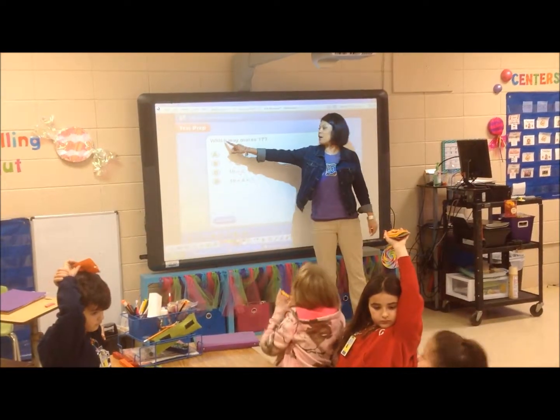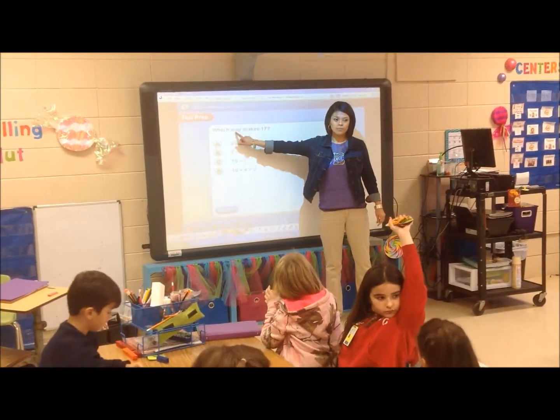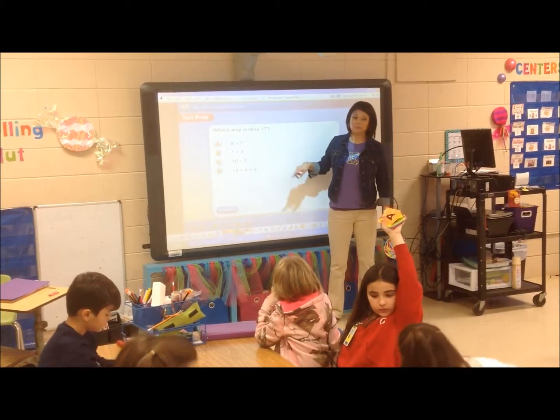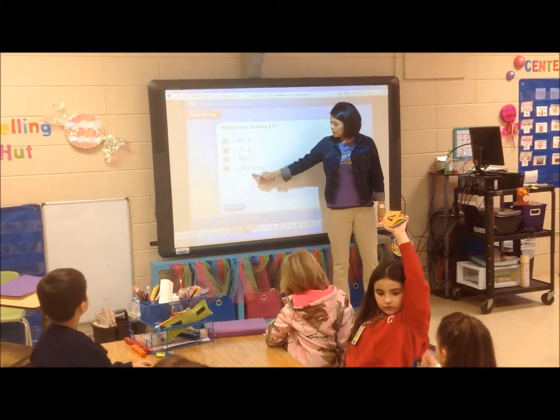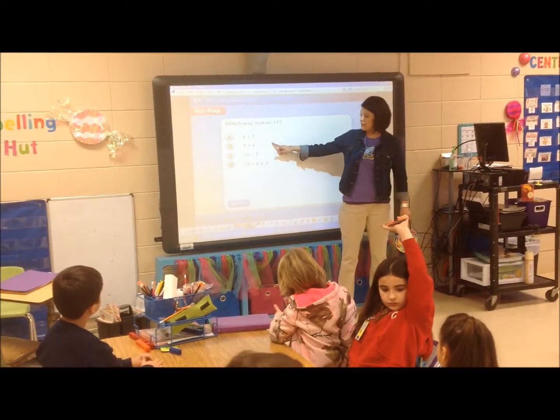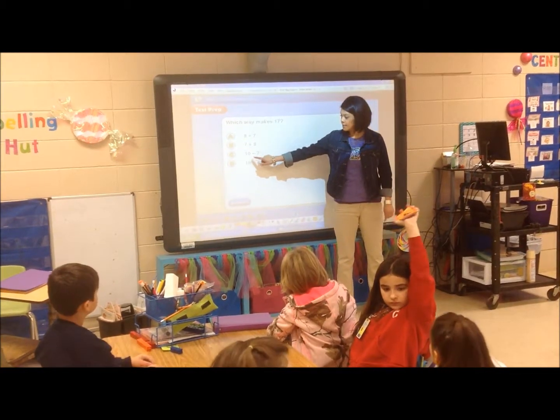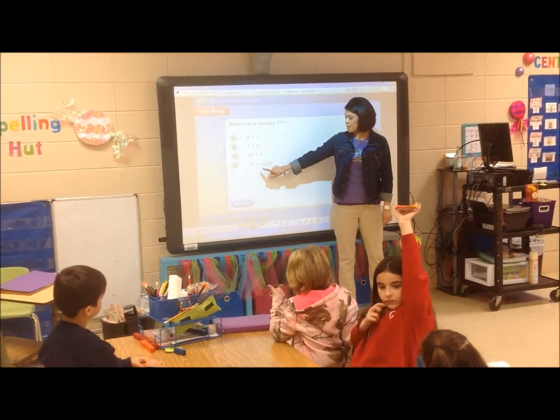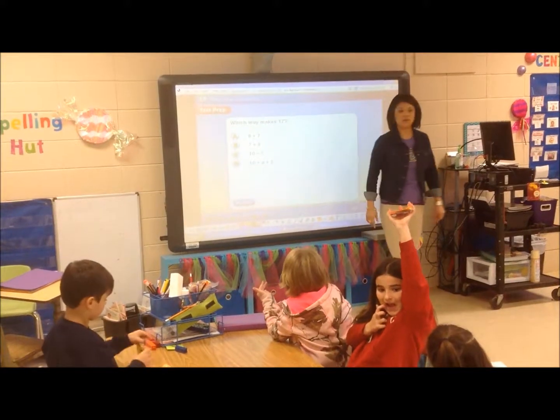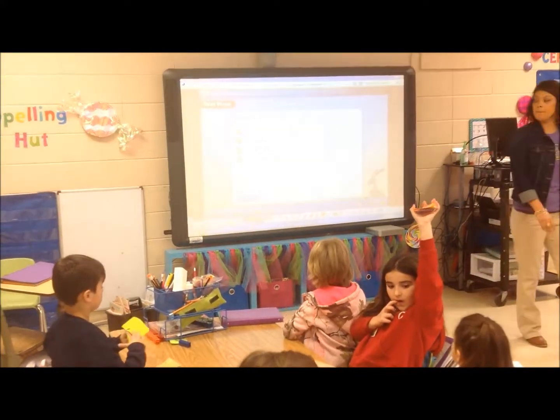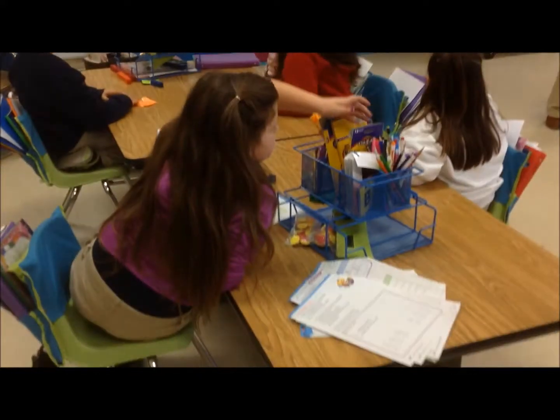Let's read it together. Which way makes 17? So figure out which one of these problems, 8 plus 7, 7 plus 8, 10 minus 7, or 10 plus 4 plus 3. Which one of those makes the number 17?